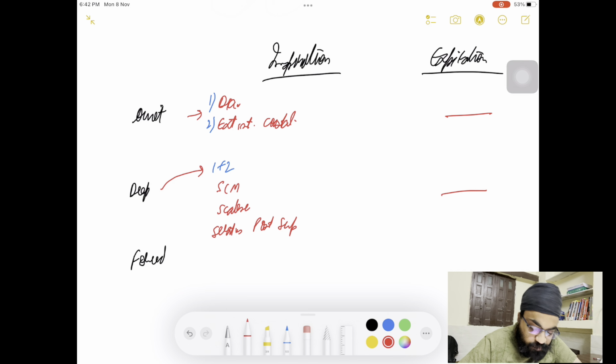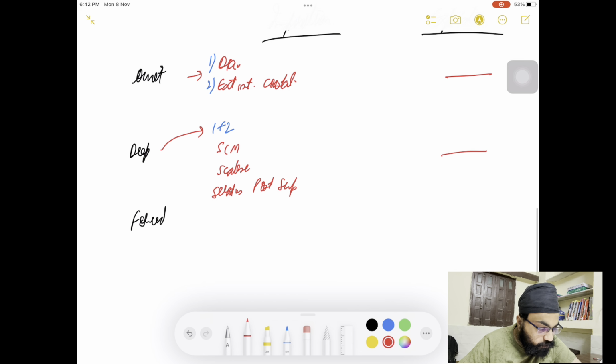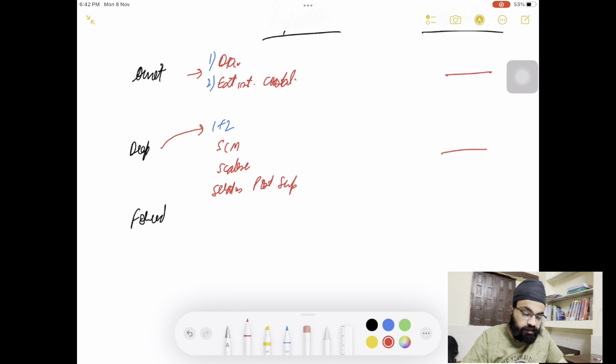The function of the sternocleidomastoid is to raise the ribs. The function of the scalene is again to raise the first and the second rib. Scalene is anterior, medius, and posterior. Anterior and medius raise the first rib. The posterior raises the second rib. Now, what is the function of serratus posterior superior? We'll talk about that when we discuss this in detail.